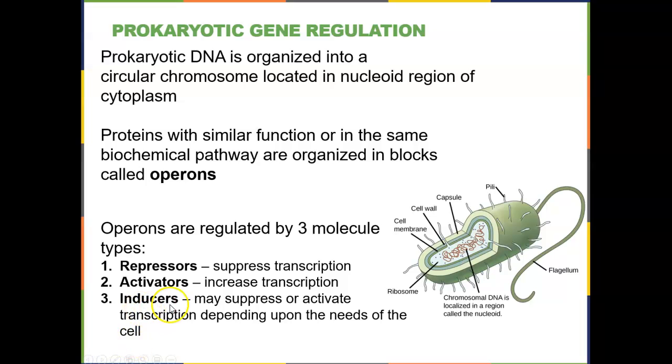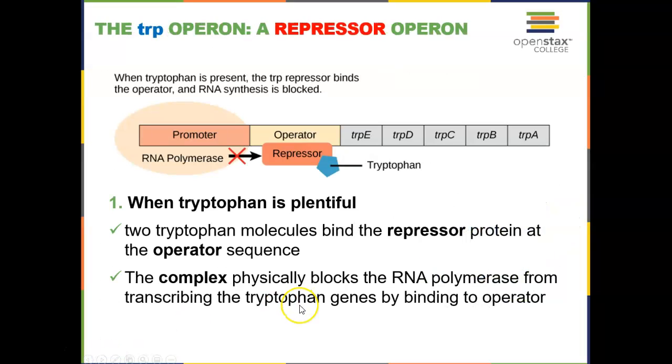And then there are inducers, which may either shut off transcription or activate transcription, depending on what the cell needs. So let's take a look at an example of each of these three options, and we'll start with the repressor operon. So this one is particularly called the TRP operon, for tryptophan. Tryptophan is an amino acid.